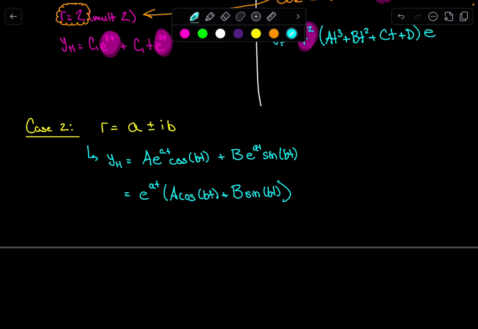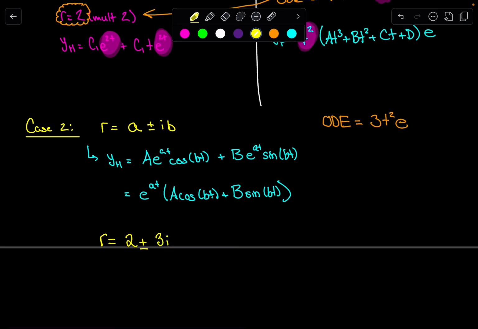This is our solution. And in the same way, let's say that we have a differential equation, something like this, and it just so happens that we have 3 t squared times e raised to, let's give us a tangible example, so let's say we have 2 plus or minus 3i, right?